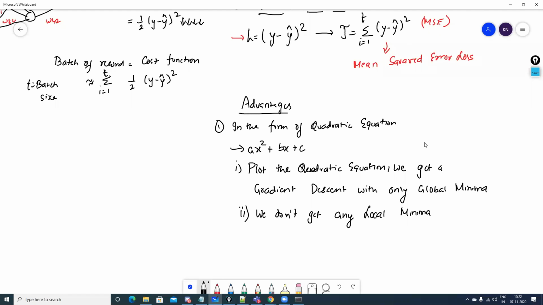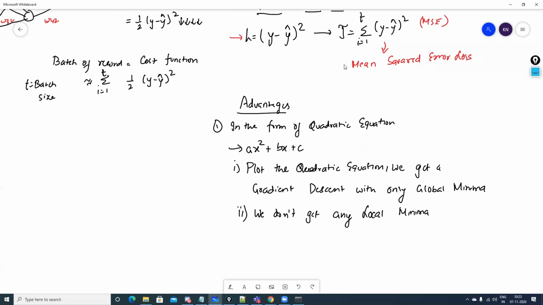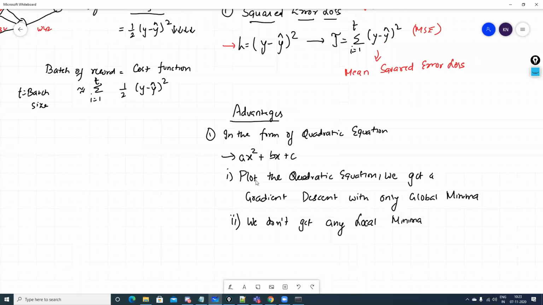As we have discussed advantages, one more thing to note: this square, what does it say? What does this y minus y hat say? Here I will write the second point.